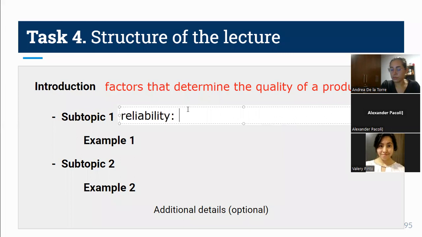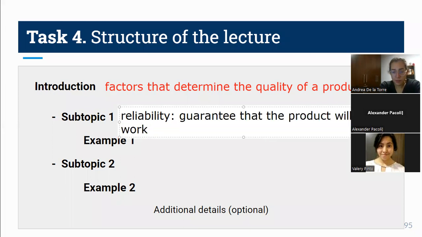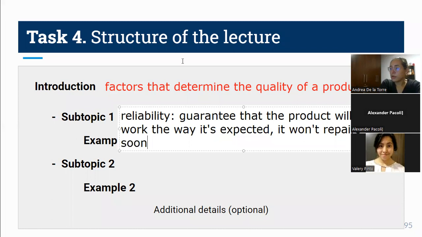Like a guarantee, a work expected of the product without repair. Exactly. So it's like a guarantee that the product will work, right? We can write that the product will work the way it's expected. And as you said, that it won't need repairs, right? It won't need repairs, at least not soon. Great. So that is reliability.